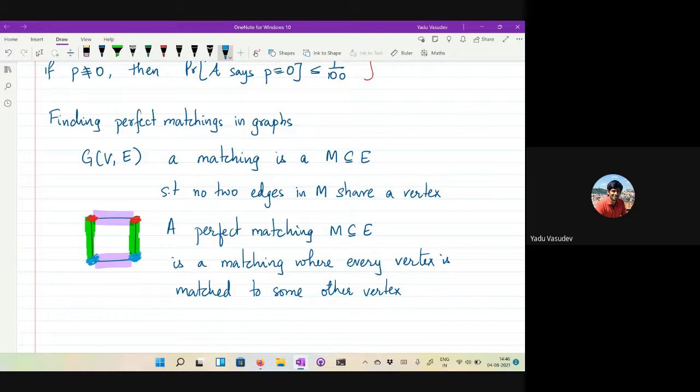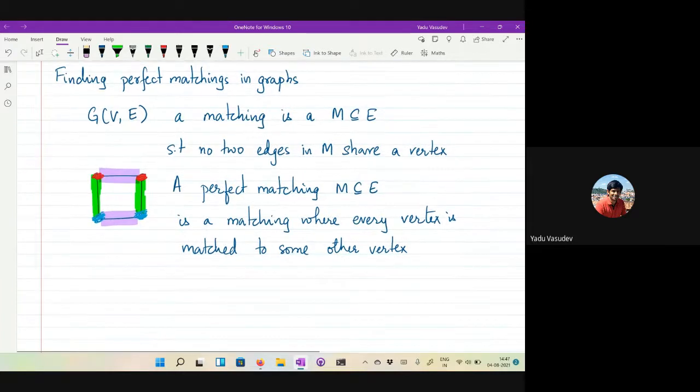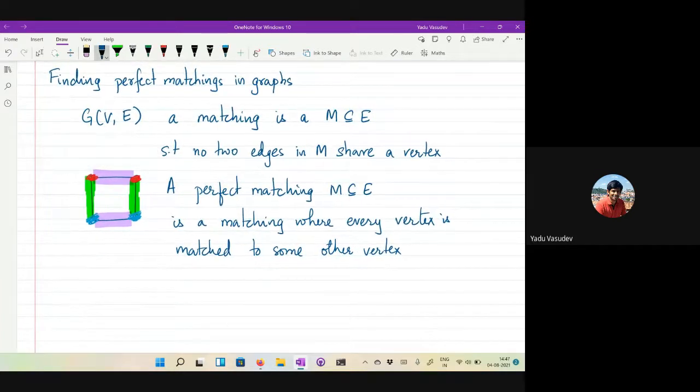Now, matching arises in many different scenarios. You can reduce a lot of computational problems to some problem related to matching. So matching is a problem that has been really well studied in computer science and graph theory. And what we're interested in is the following problem.